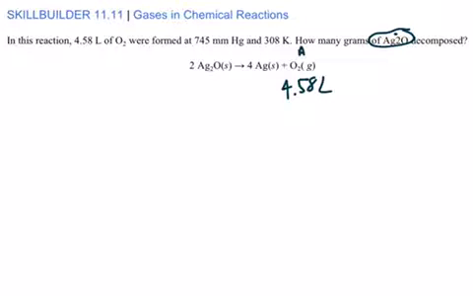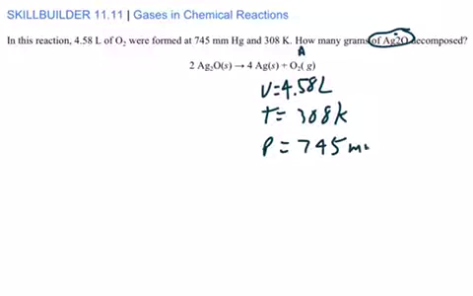Notice how they give you the volume of A, the temperature of A, and the pressure of A, which is 745 millimeters of mercury. Now, we are going to have to convert that eventually to ATMs. We'll do that in a minute. What they're looking for is grams of silver oxide, Ag2O.